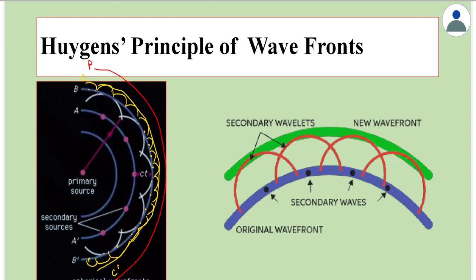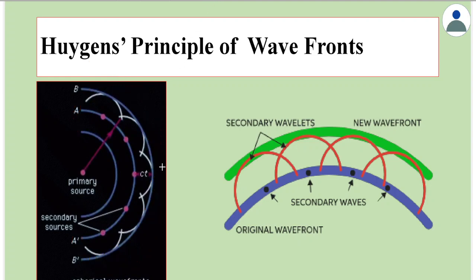Similarly, this D dash is secondary wavefront for C dash, but acts as primary for the next wavefront. A dash, which acted as primary for B dash, was itself a secondary for some other wavefront, say X dash. So for X dash, A dash was a secondary wavefront. This is the idea of secondary wavefront.